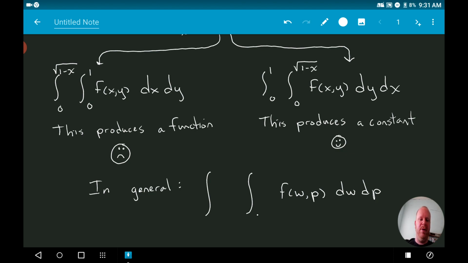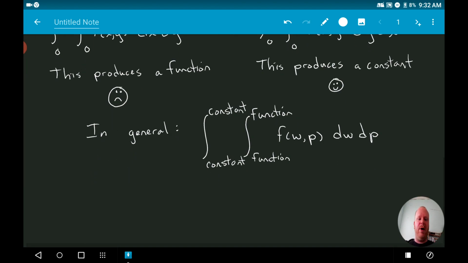Just whatever order produces having functions on the interior integral, and we want to have constants on the outside. So that's going to be true for double integrals. That's going to be true for triple integrals. We always want to have these constants on the outside integral.